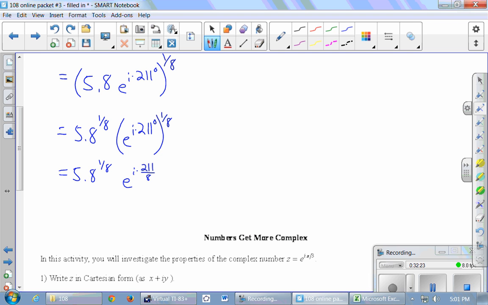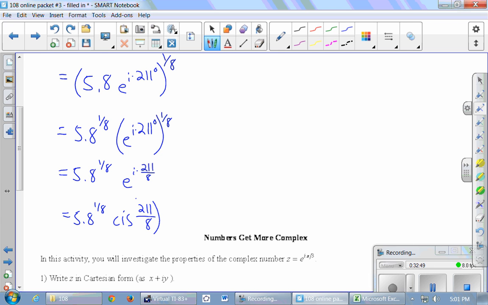That's good, because now I've gotten rid of the eighth root business, and I can go back into my x plus iy land. So this is 5.8 to the 1/8 times e to the i times 211 over 8. That's like e to the i theta, which really becomes cis of theta.